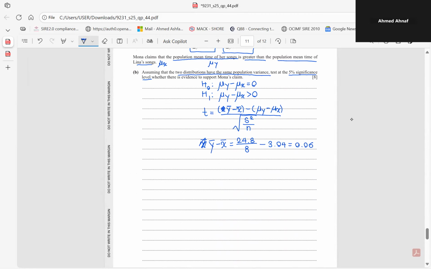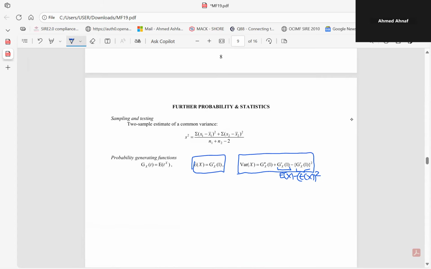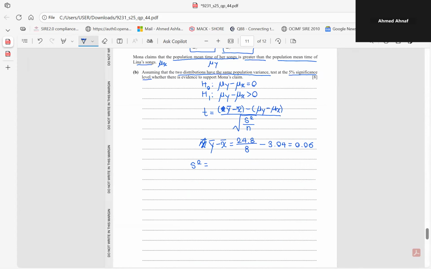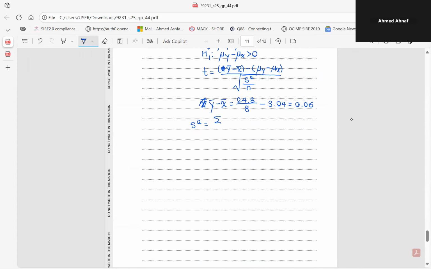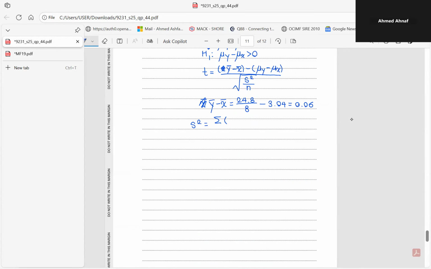Okay. Now let's find the combined population variance. They told us to assume they have the same population variance, so we're going to use this formula. As you can see, this formula isn't suitable, so we have to rewrite it. It's a plus sign, so it doesn't matter.